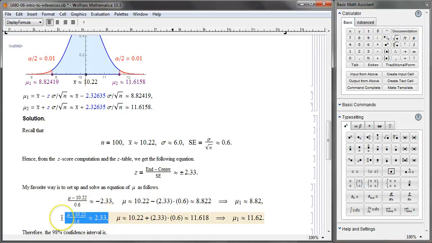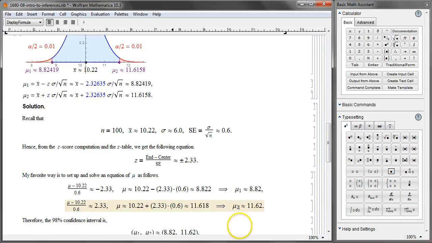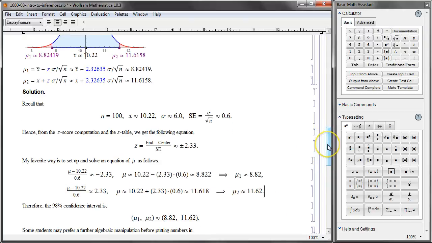From this equation, flip the denominator over, you get 11.62. As a matter of fact, this should have been mu2. Consequently, we get this confidence interval, which is a 98% confidence interval: 8.82 to 11.62, approximately.